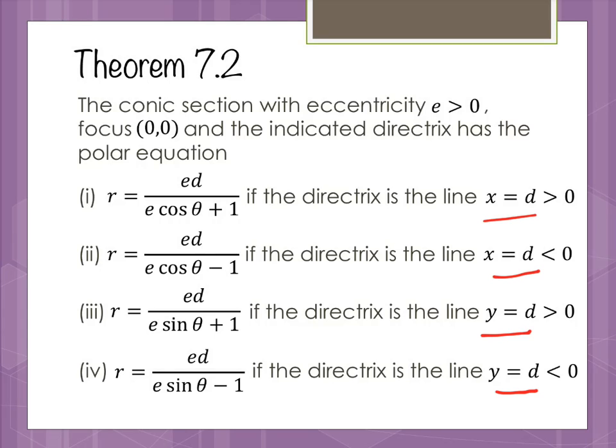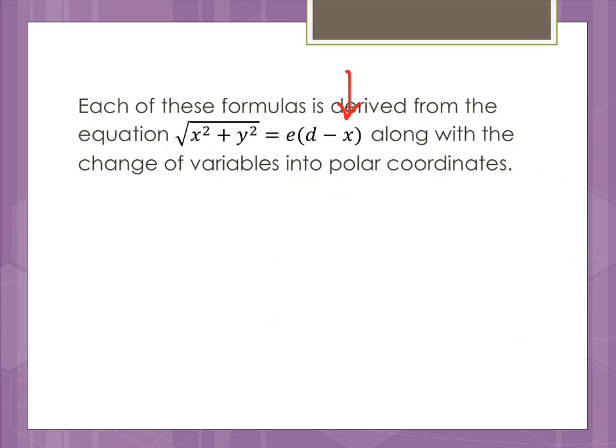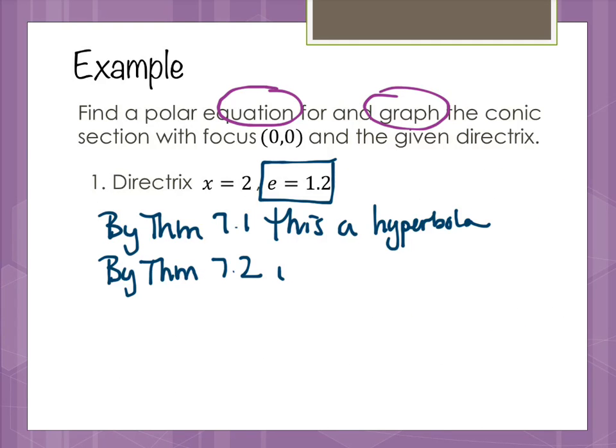So the equation of the directrix on number 1 is x equals 2. Which case am I in? The first one, because I've got x equals, right? And because the x value that it equals is positive. So this is case number 1, so to speak. So by theorem 7.2, part I, we have r equals. Now what goes on top is the eccentricity times the x value.